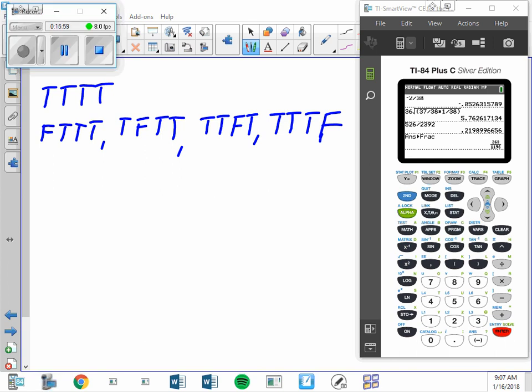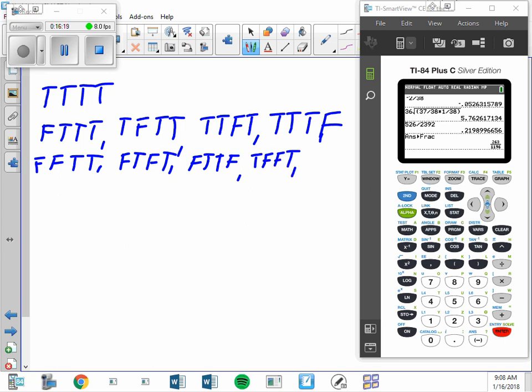Now we have to do 2 falses. So false, false, true, true; false, true, false, true; false, true, true, false; and then true, false, false, true; true, false, true, false.